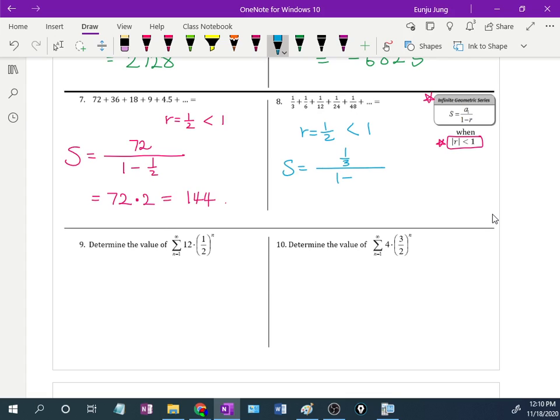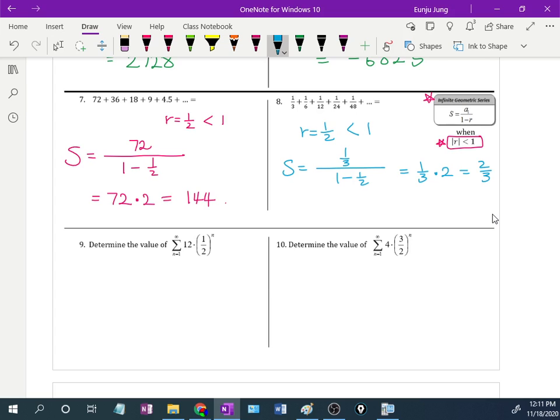And subtract 1 minus the 1/2, and then 1/3 divided by 1/2, which is times 2 over 1. So that will be 2/3. So we are saying that this sum is bounded by 2/3, and the sum is going to be 2/3, okay? Weird, isn't it? Yeah, you will have enough time to understand this thing.